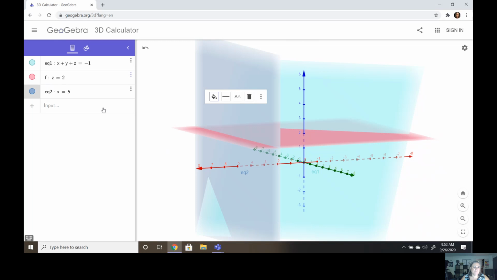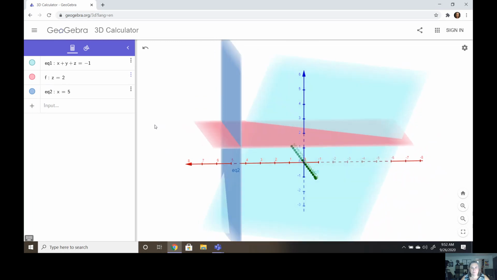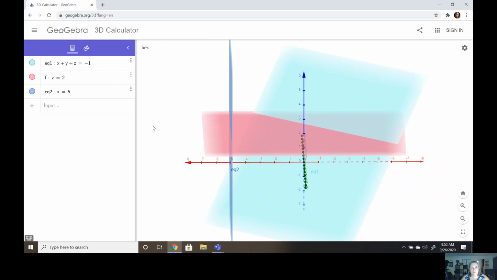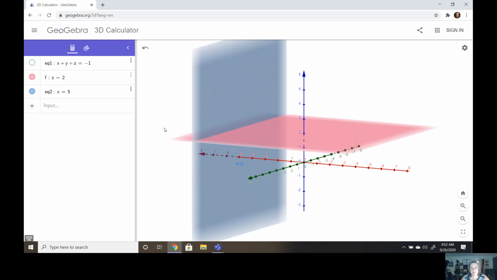There we go. Okay, so here's X equals 5, so that would go through at X equals 5, and you can see that it is parallel to the Z and Y axis.